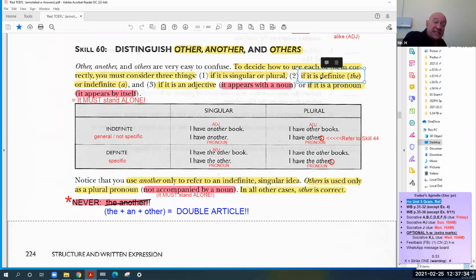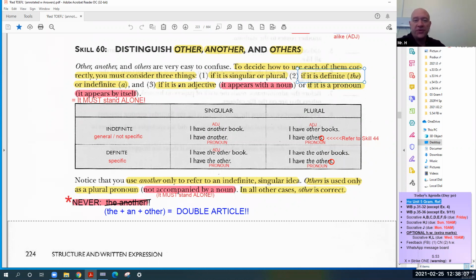If you talk about a specific thing, then it's the definite thing. What's the opposite? Indefinite, right? That's the opposite. So when it's a specific thing, use the. When it's just a general thing or person, then it's a.